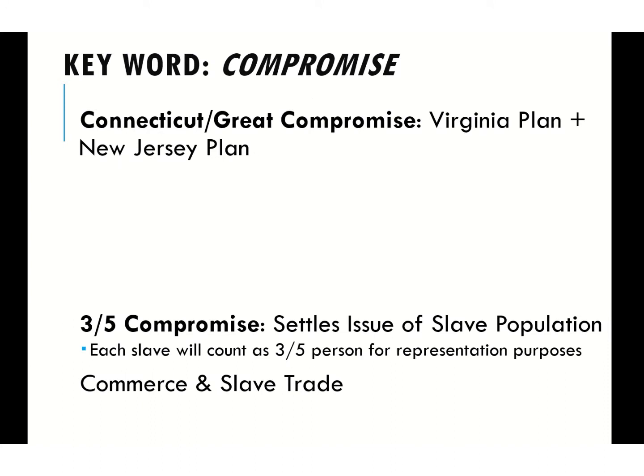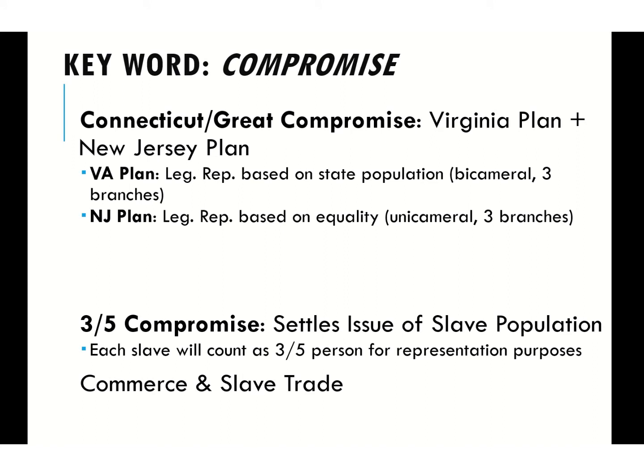Now, the key word in the Constitutional Convention was, of course, compromise. Lots of compromises. Abraham Lincoln once called this Constitution a giant bundle of compromises. Well, he was right. The first and most well-known compromise, of course, was called the Connecticut Compromise. It's also called the Great Compromise, which was a compilation of the Virginia Plan and the New Jersey Plan. The Virginia Plan, of course, based on big state populations.